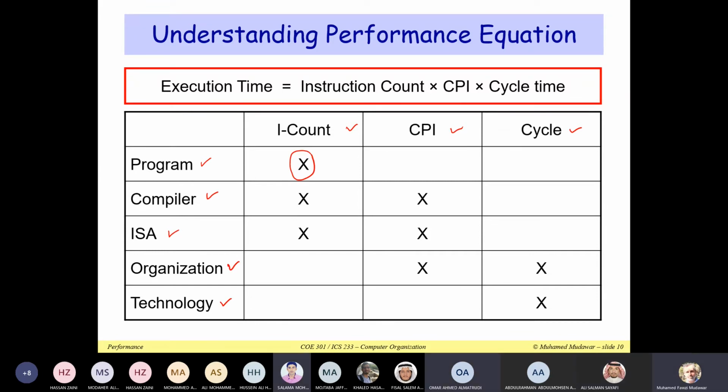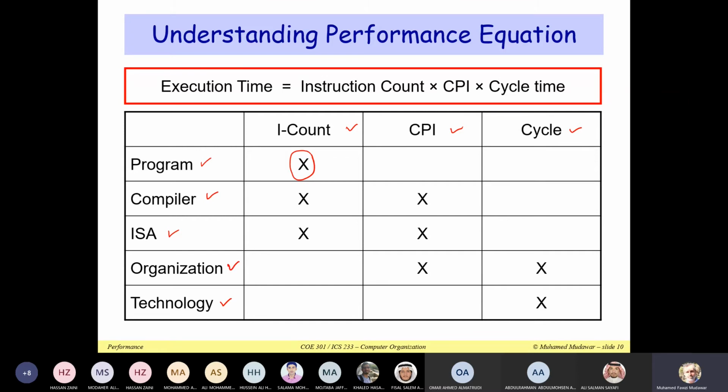What is the difference between these? It is the instruction count. The program can execute with fewer instructions and do the same thing, it will sort, but with fewer instructions. So the instruction count is related to how the program is written in a high-level programming language. If you use fast algorithms or slow algorithms, your program can be very fast or very slow depending on the algorithms that you have written.